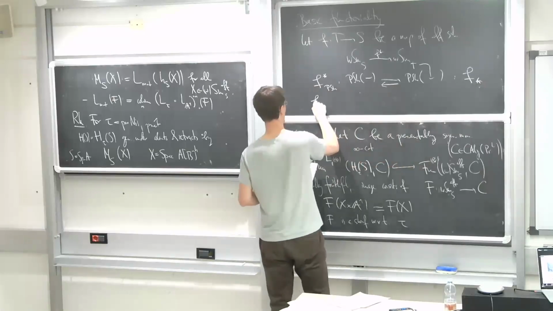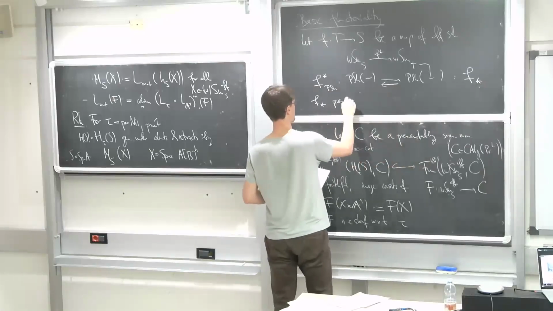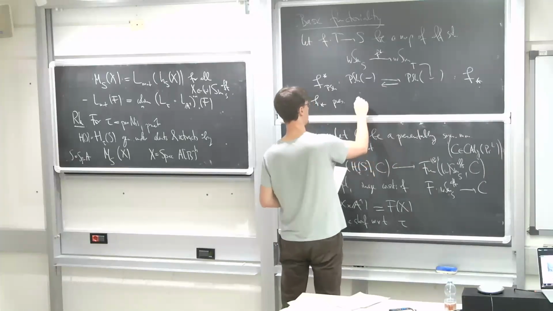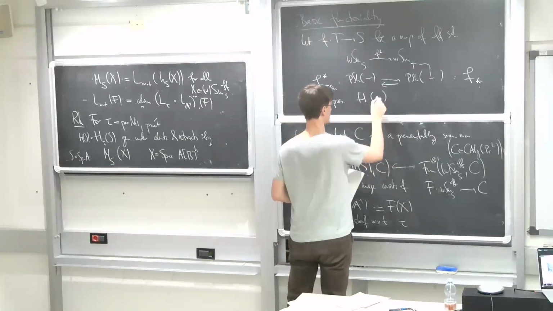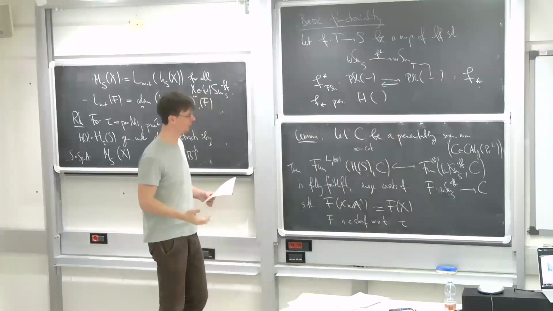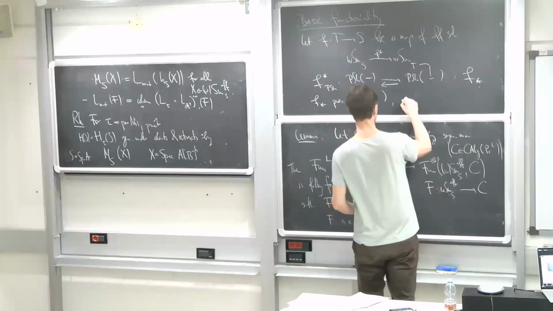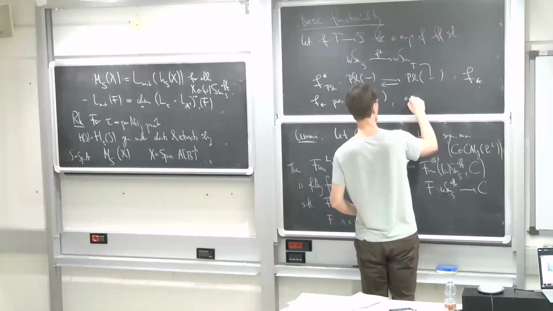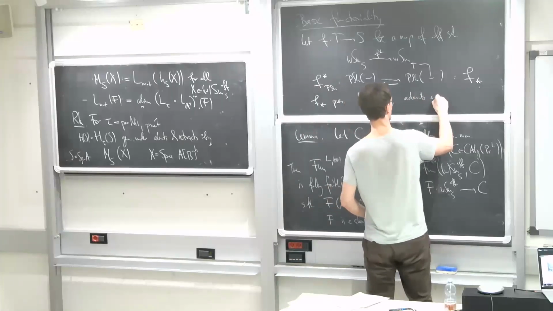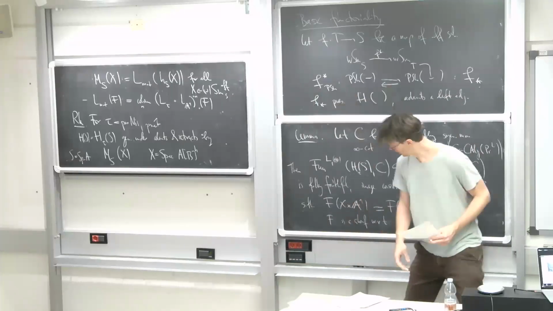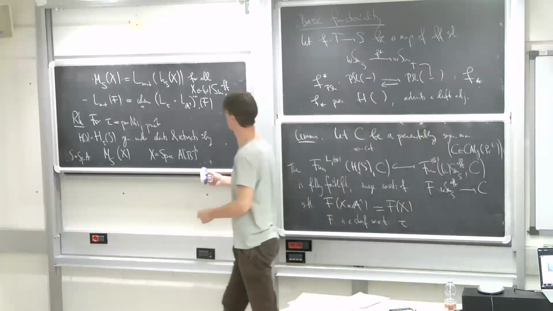Okay. And then this f lower star preserves the condition of being a sheaf and also being A1 invariant. So this preserves H. So in other words, we get a functor f lower star on the level of these Motivic spaces, and it admits a left adjoint, which is the upper star.